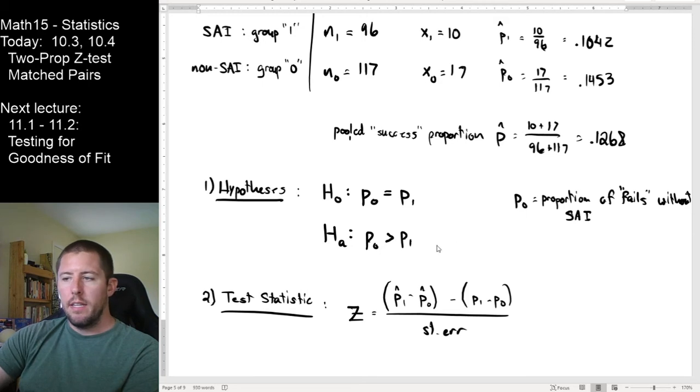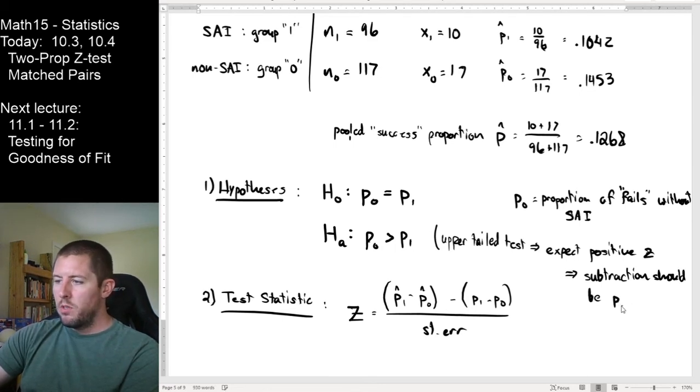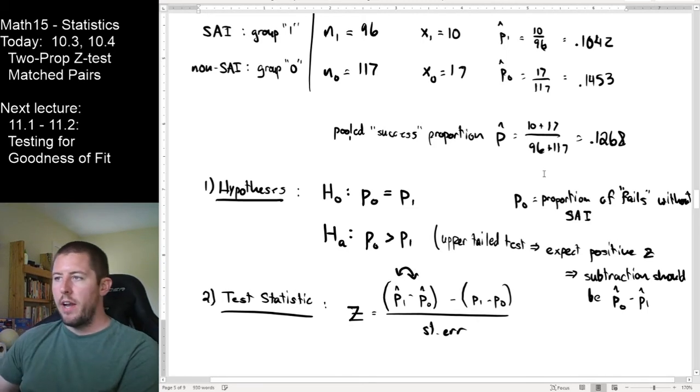Notice that we're expecting this to be an upper tail test, and that helps me understand that we should be setting up our subtraction as the larger minus the smaller. So I think I really should be setting up P0 minus P1. I think I've got this backwards right there, so we'll fix that once we write in our numbers here.